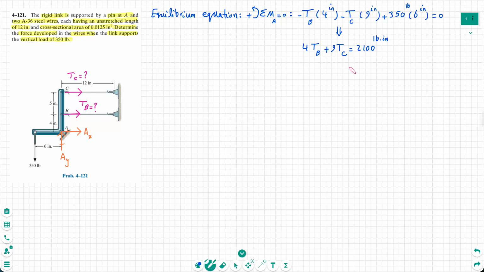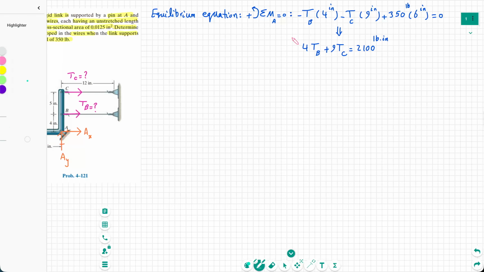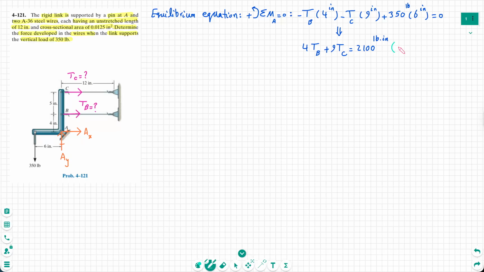So as you see here, we cannot solve this. Why? Because we have one equation versus two unknowns. So this equation cannot be solved with two unknowns, and we call this a statically indeterminate problem.